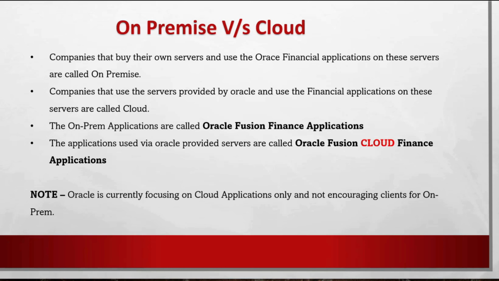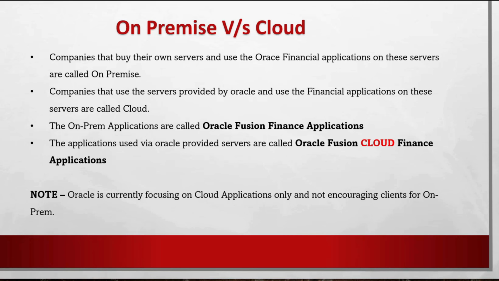Before that we will compare. The companies that buy their own servers and use the Oracle financial applications on these servers are called on-premise. Companies that use the servers provided by Oracle and use the financial applications on these servers are called cloud. The on-prem applications are called Oracle Fusion Finance applications, and the applications used via Oracle-provided servers are called Oracle Fusion Cloud Finance applications.